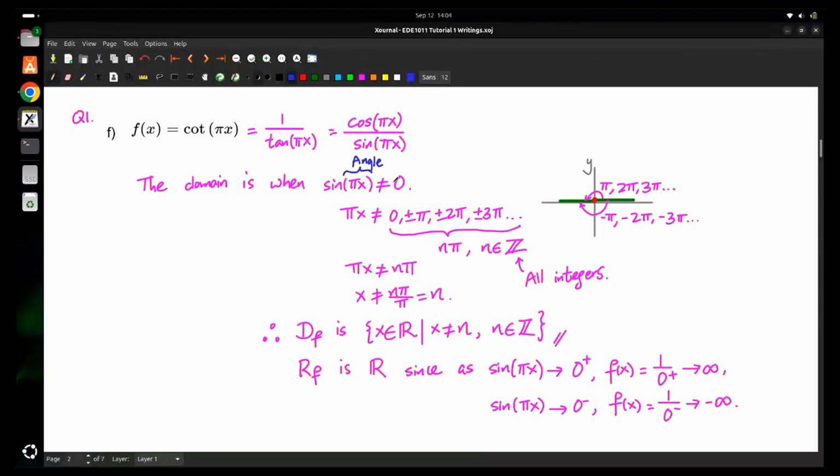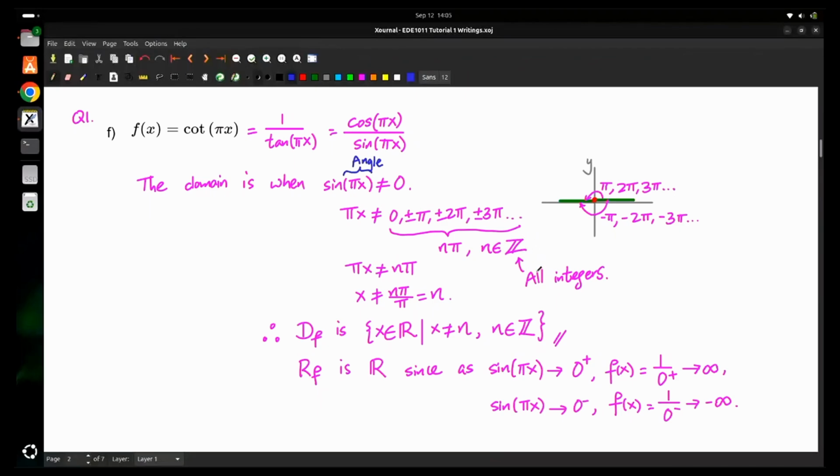So therefore, pi x cannot be 0, plus minus pi, plus minus 2 pi, and so on. We can abbreviate that to n pi, because 0, 1, 2, 3, and so forth, and it can also be negative integers. So n here is an element of Z, which is all integers.